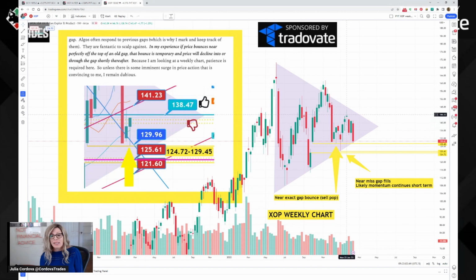That's what happened here as well. So near miss gap fills that have larger wicks are great to momentum trade with. Even though it's like, well, it closed, it's okay. That's what I feel as well. So basically two different tricks off of the same exact chart.